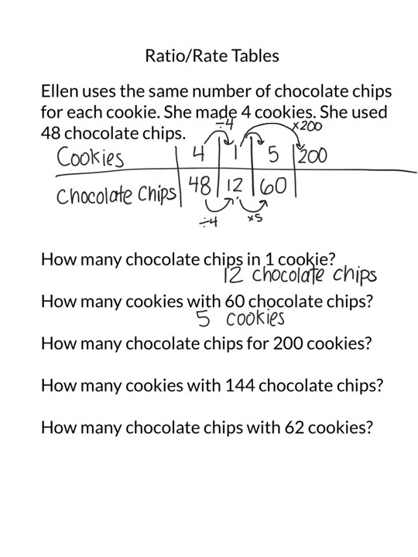So I will do the same down here. 12 times 200. If I'm not sure what that is, I can think about it this way. 12 times 2 is 24, and then I add these 2 zeros at the end. So it would be 2,400 chocolate chips.